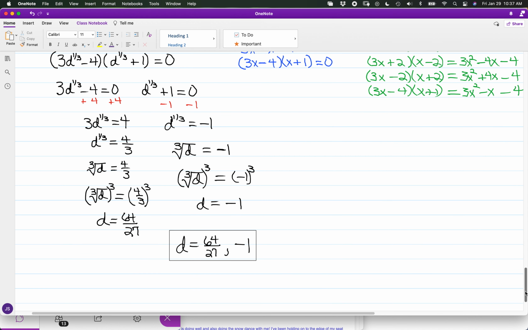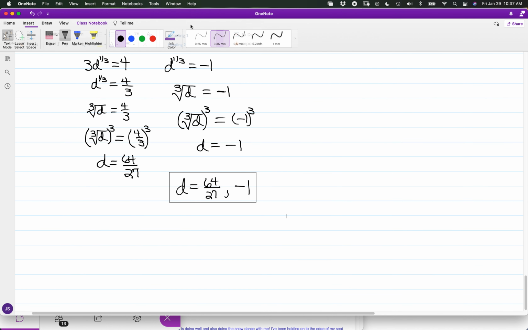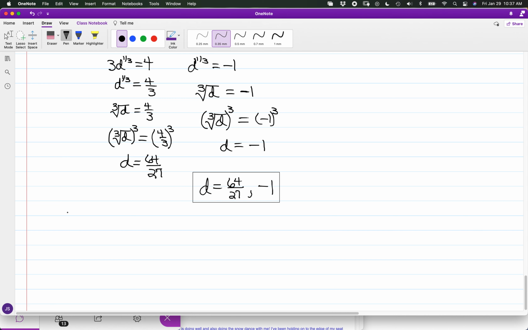Now, for what we have in the case of number 93, we have another equation that is going to be quadratic in form.